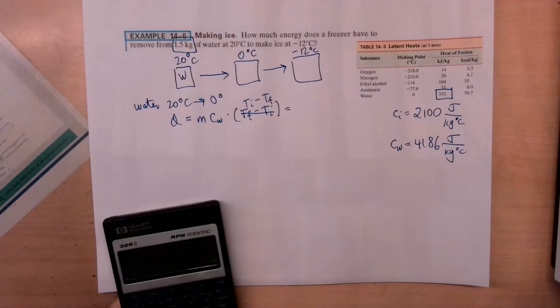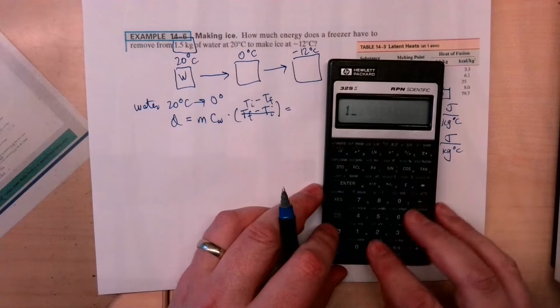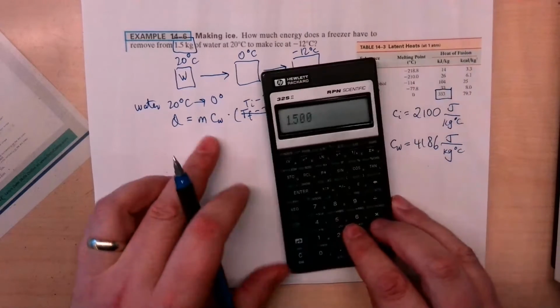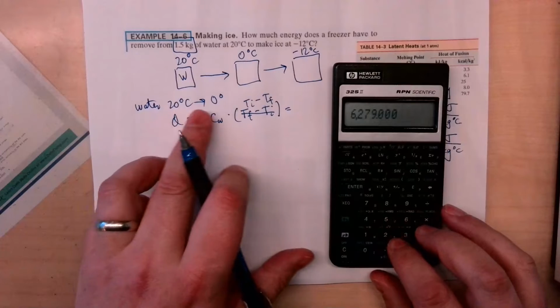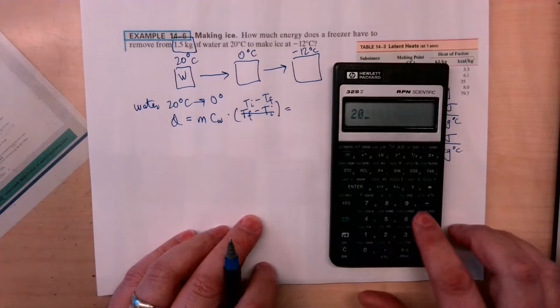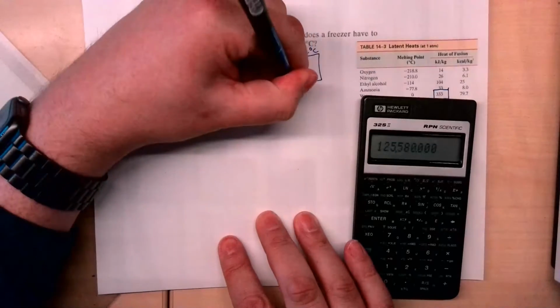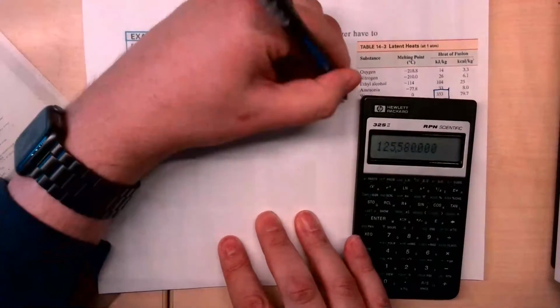So my mass of water, 1.5 kilograms. Specific heat of water, 4186. T initial minus T final is 20. So we find that we get 125,580 joules. That's how much heat we have.